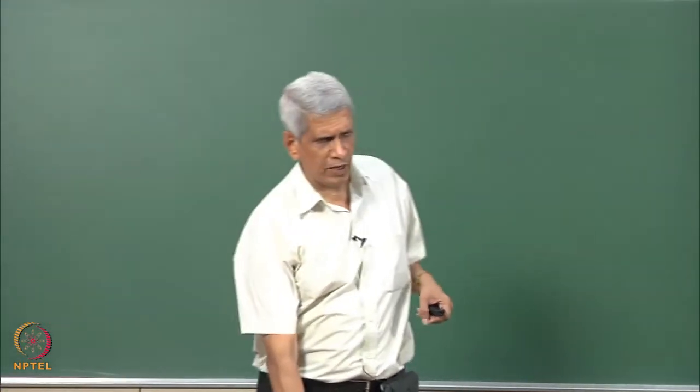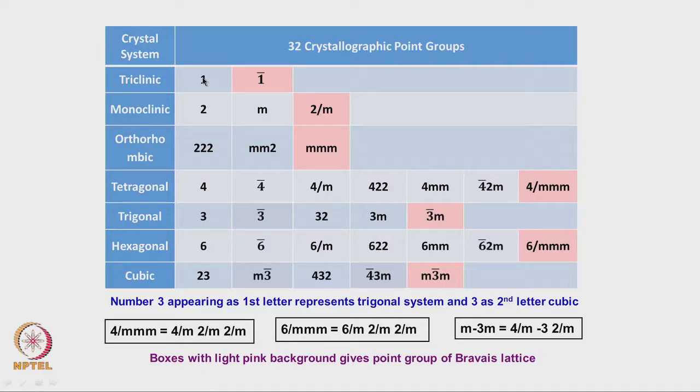On that basis, triclinic has 1-fold symmetry or 1 bar, inversion. Then if you look at monoclinic, the minimum symmetry element which is there is only one 2-fold rotation, correct.